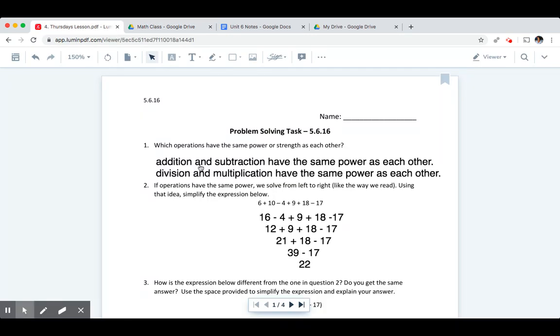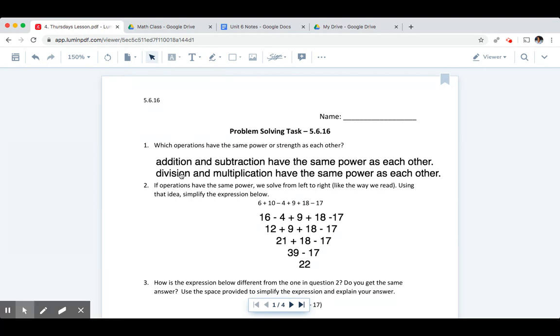To begin, number 1 asked us which operations have the same power or the same strength. We learned that addition and subtraction have the same power as each other, and division and multiplication have the same power as each other. Which set of operations did we learn was more powerful, addition and subtraction or division and multiplication?